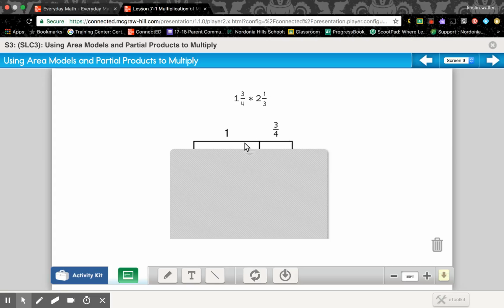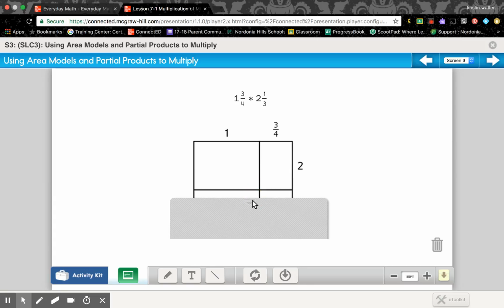But it's okay if they're equal size also. And then on my vertical side, I'm going to break up my 2. So this looks like the last one we just did when it's just a mixed number times a whole number. But this time it's not just 2, it's 2 1/3. So I have to draw a line going horizontally to make another row for 1/3.